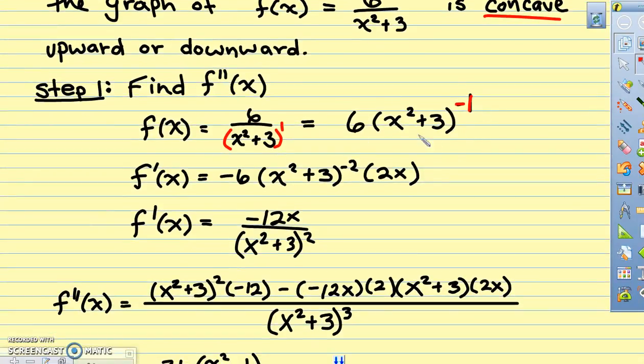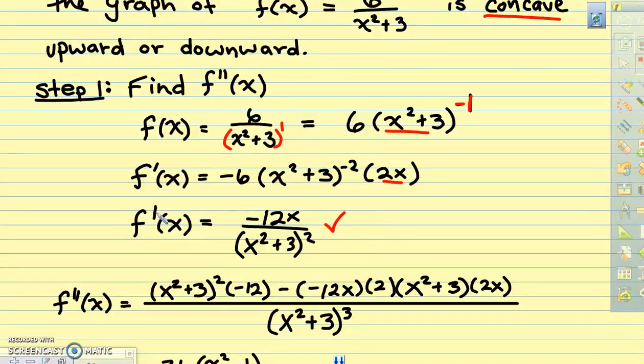Just follow these steps, and don't forget to take the derivative of the inside, which is 2x. You should get the same answer after some rearranging. If you use the quotient rule, you should still have gotten this answer.